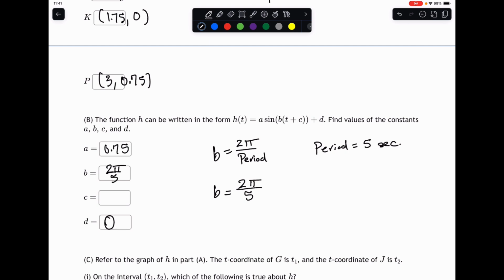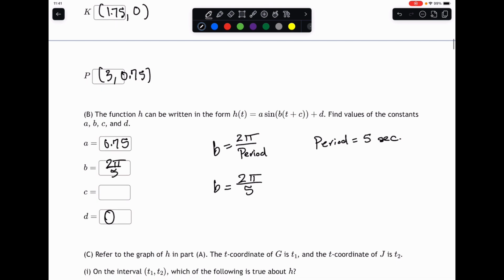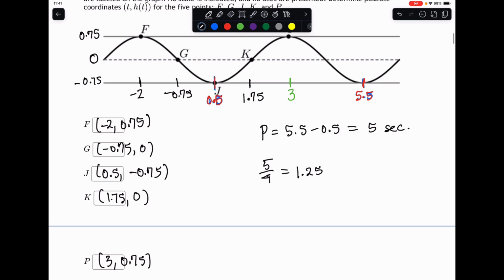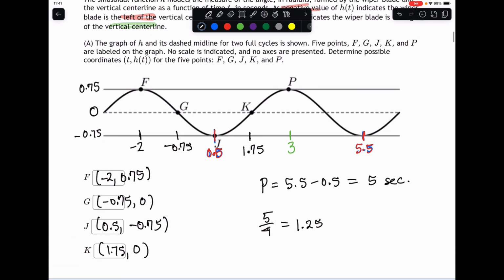Okay. And now here's where we have multiple correct answers. We can use, again, the following values to figure out the value of C, since C is going to be the horizontal shift. A sine function can start either here at this position, and then we have one cycle right there, or it could start here at this value of k and go again like this. So for the sine function, I'm simply going to use k because I don't know what the time value or the x value is at this position, and I do know what the x value is at k.